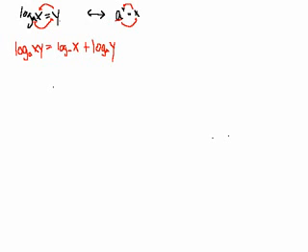The answer to the log is really the exponent, and when you multiply bases, you add the exponents. That is how you prove this. So far, is that okay? Great.